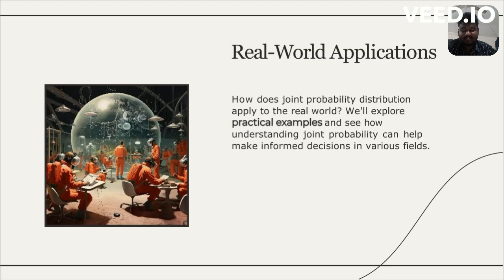Statisticians and analysts use joint probability as a tool when two or more observable events can occur simultaneously. This is one of the examples for real world application in the joint probability distribution.